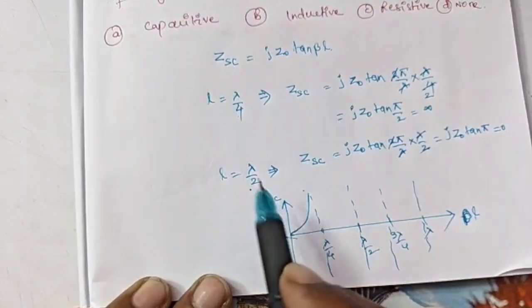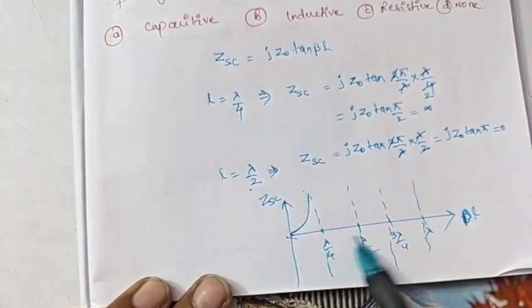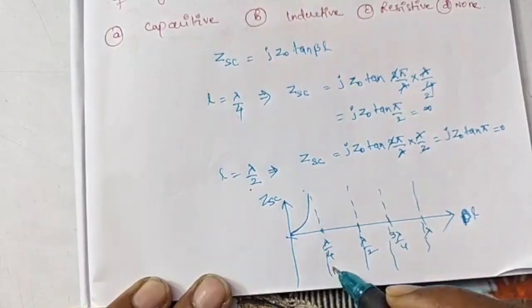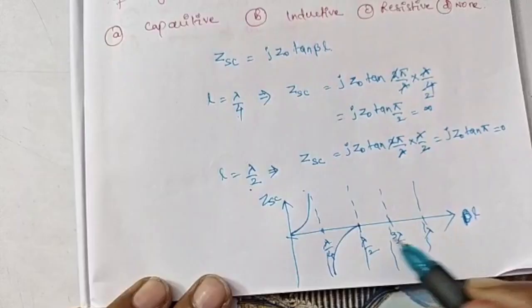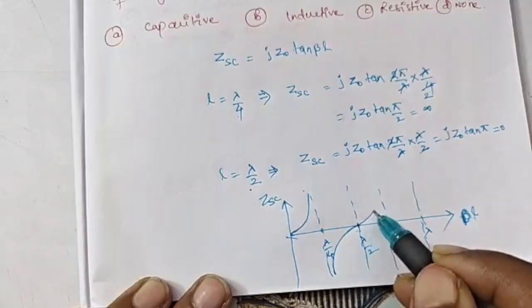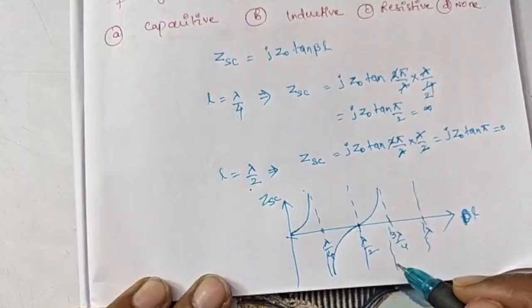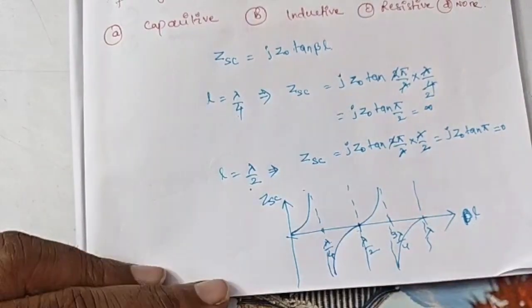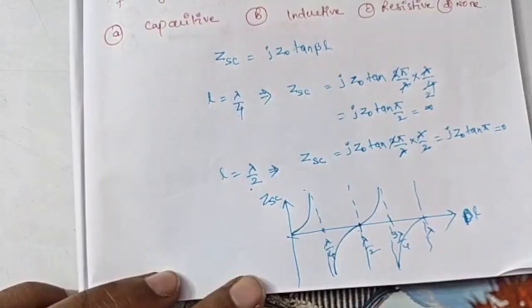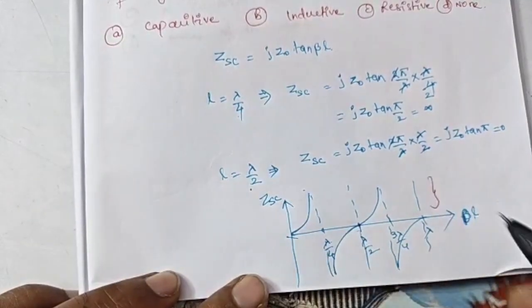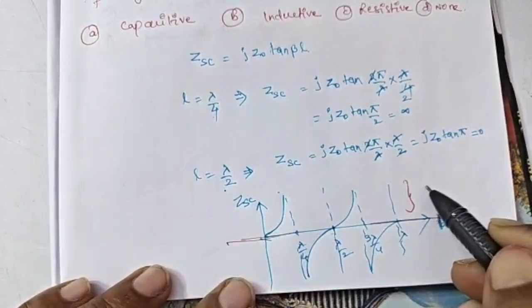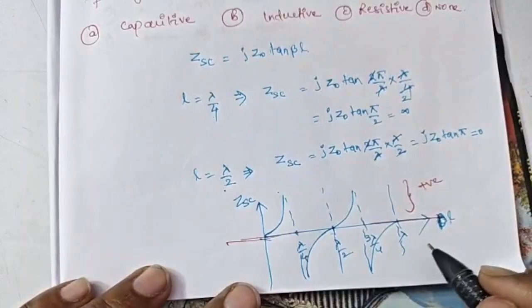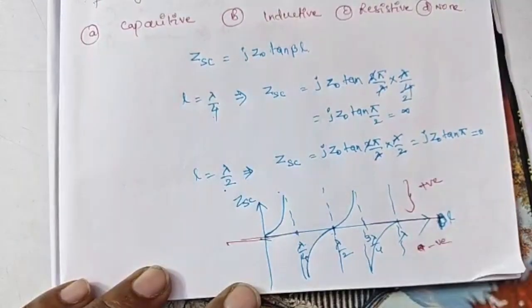Now the second is lambda by 4 to lambda by 2. In between these two values, the value will go from infinity to 0, so the curve will come down like this. And if I take lambda by 2 to 3 lambda by 4, it will be 0 to infinity. It repeats like this. Now, if you take a value above this reference line, the values will be positive, and below it will be negative.